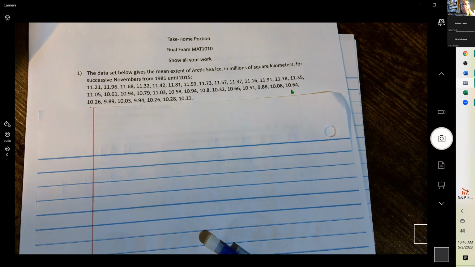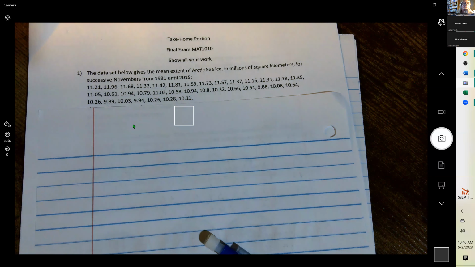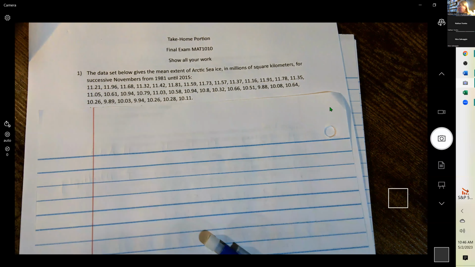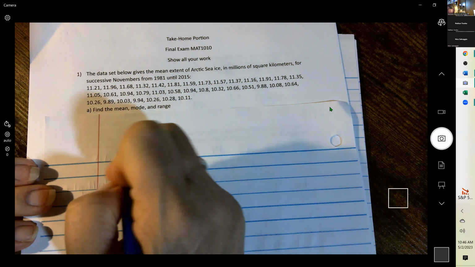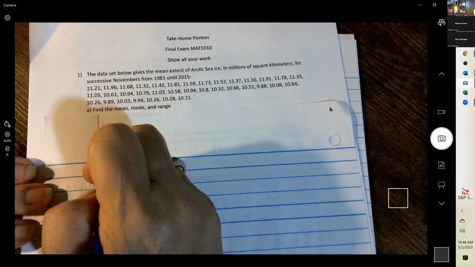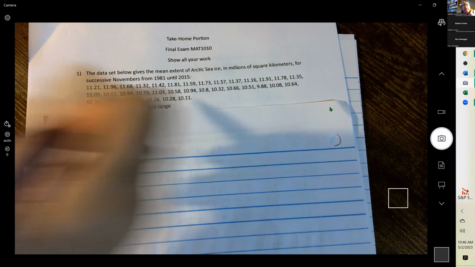Did anyone see one repeat more? I think it's 10, 26. I think it's the only one that repeats. So mean, mode, range. How do you find the range? Anyone?